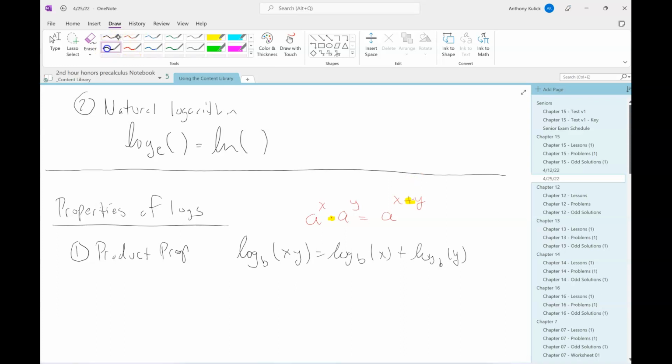And with the logs, we're seeing that multiplication inside the logarithm turns into addition outside the logarithm. It's just because exponentials and logarithms are inverses, so the property is basically reversed. Do you guys see that? Okay.